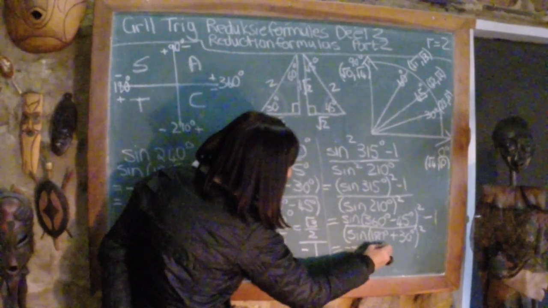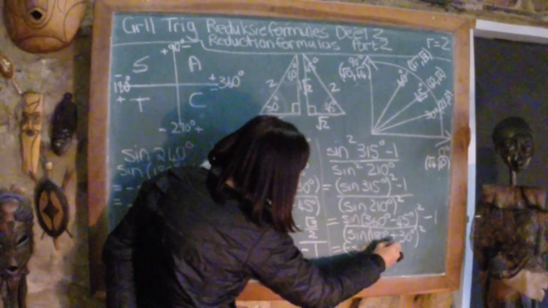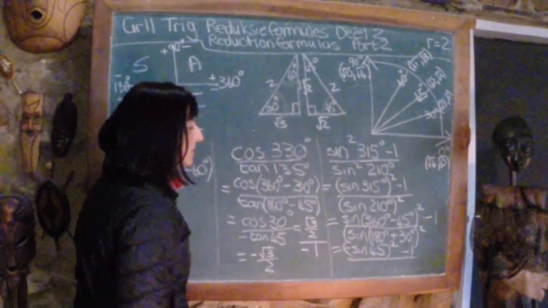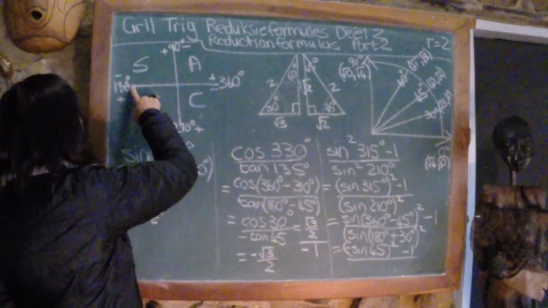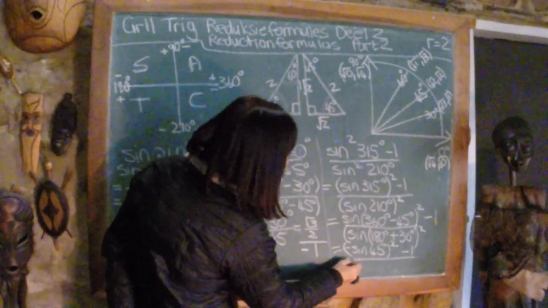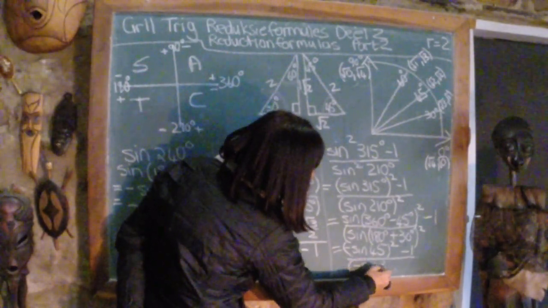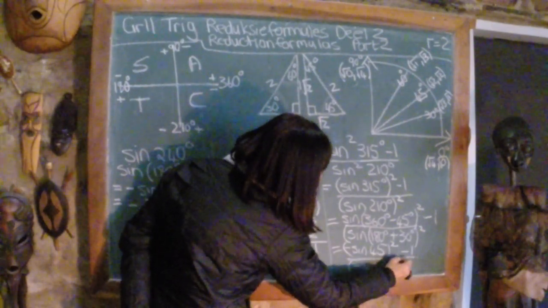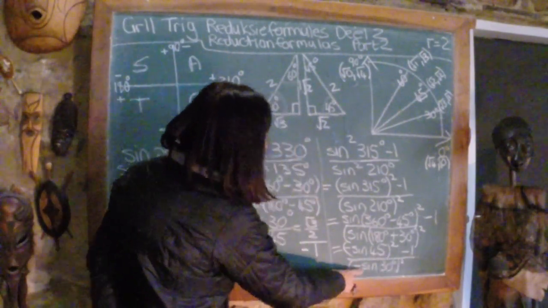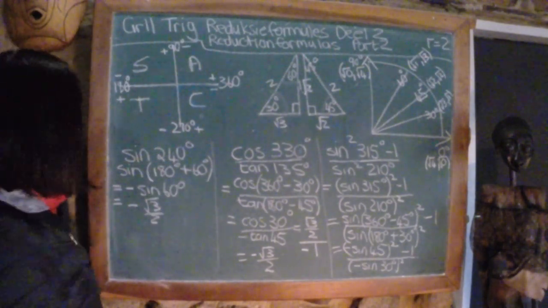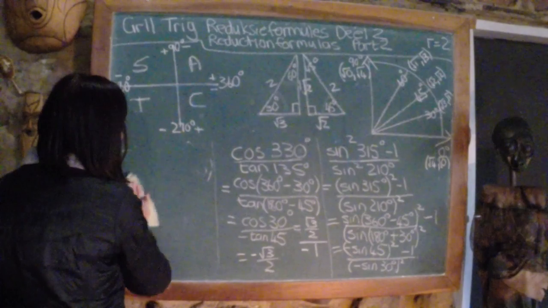And very important, it's going to be squared. And then the sin of 180 plus is also minus sin of 30. It's going to be squared. So when it's squared, that minus becomes a positive. So I'm going to go on over here.